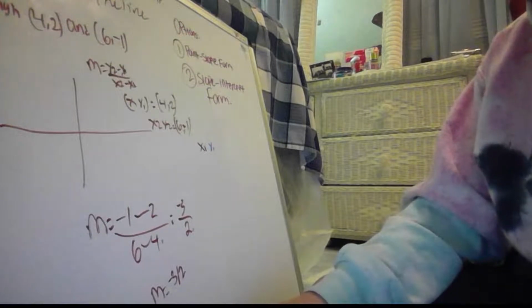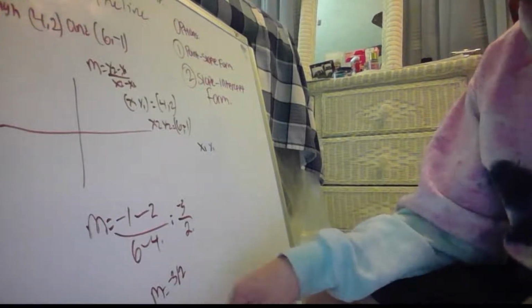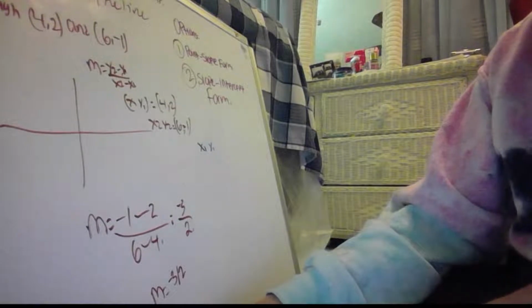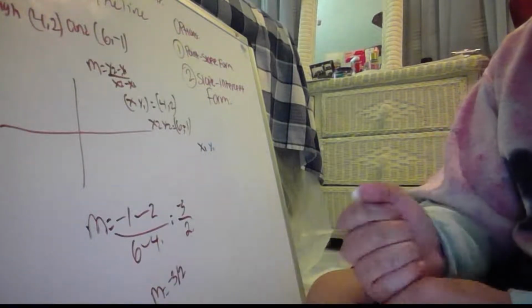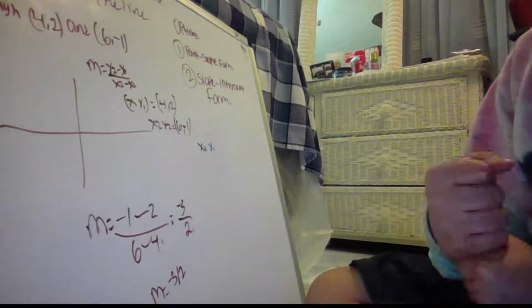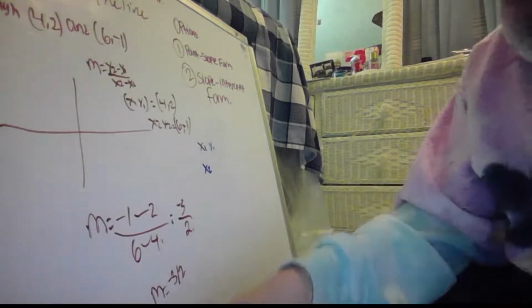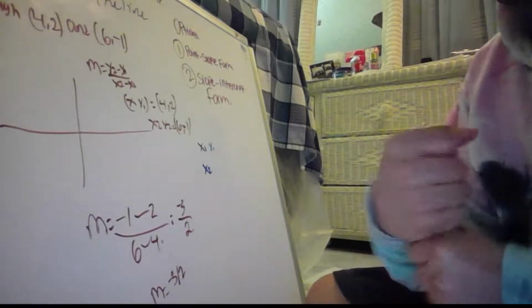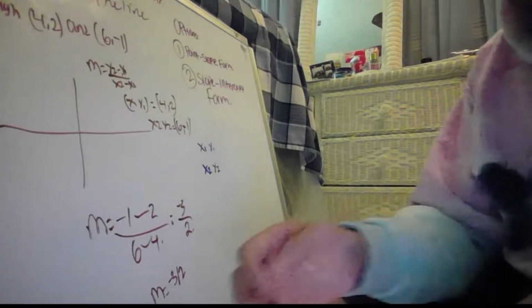And then X2, I'll do the red one. Y2, right? So we have the following equation.